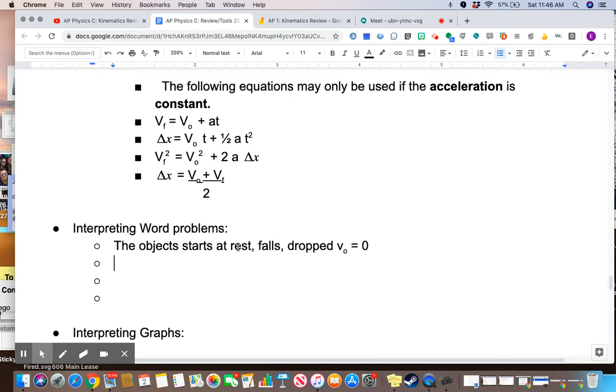Okay, so these are some assumptions that we have to make. If it states in the problem the object comes to rest or stops, okay, that means that the final velocity is 0.